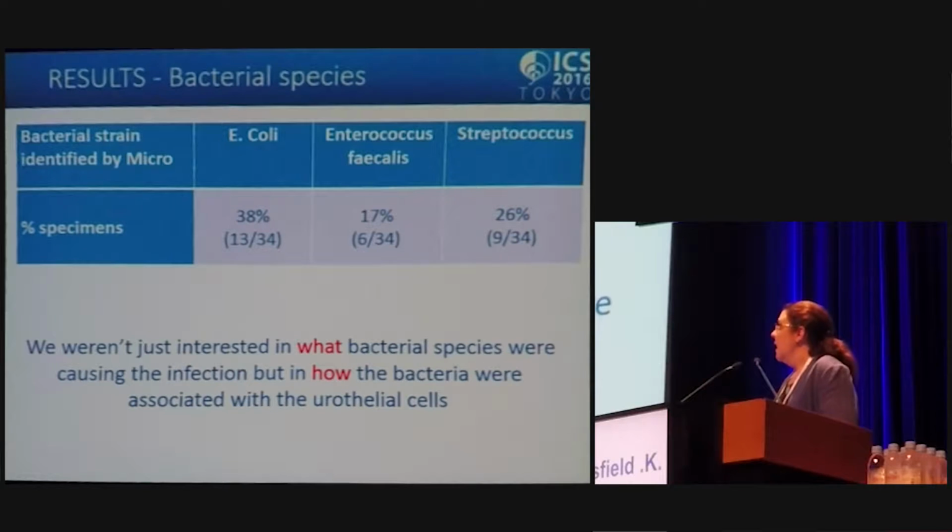When the routine micro results came back, they told us which was the dominant organism, and the most common were E. coli, Enterococcus and Streptococcus, with 38% being E. coli, 17% being Enterococcus, and about 26% being Streptococcus. But we weren't really interested in the exact bacterial strain that the lab reported, but rather how those bacteria were associated with the urothelial cells themselves.